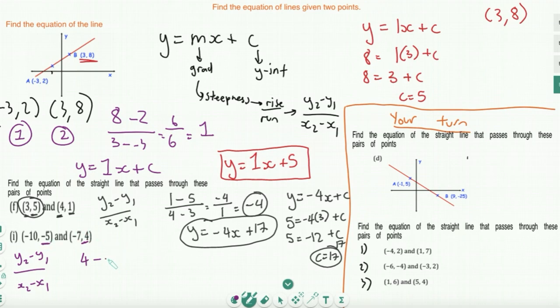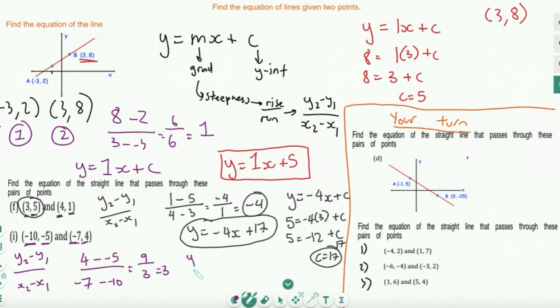So it's 4 minus negative 5, over x2 which is negative 7, minus x1, negative 10. 4 minus minus 5, minus minus turns to a plus. 4 plus 5 is 9. Negative 7 minus minus 10, minus minus turns to a plus. Negative 7 plus 10 is 3. Can we simplify this? Yes, 9 divided by 3 is 3. And therefore, our gradient is going to be 3.